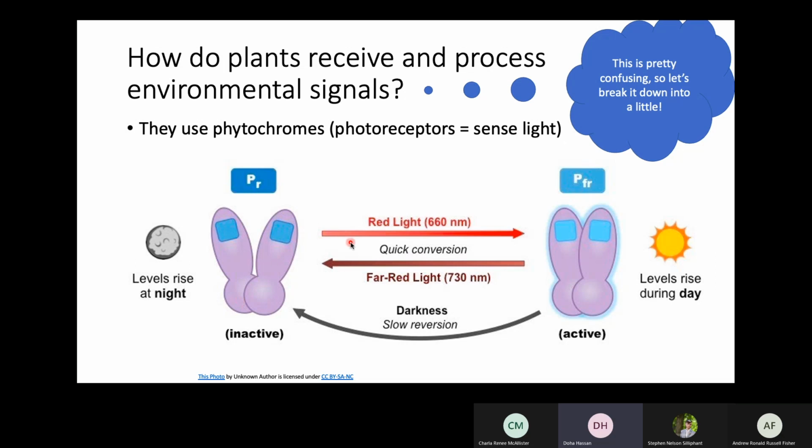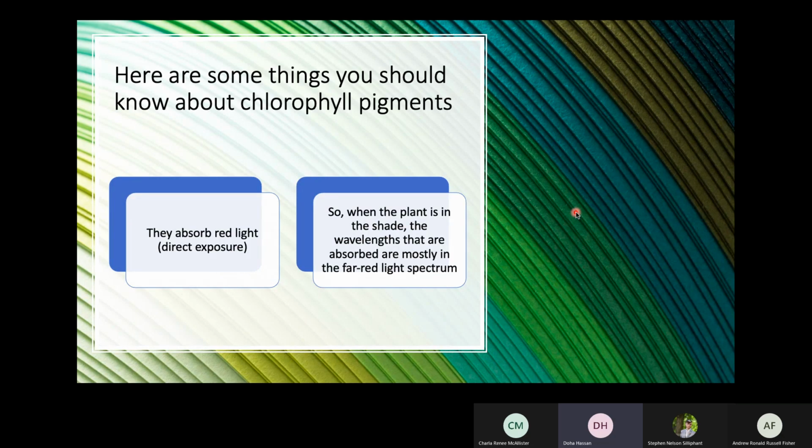And you also need to know that in the sunlight, I think I have it on this slide. Yeah. So chlorophyll, the pigments that you find in the leaves of plants, the ones that make them green, are able to absorb red light when they receive direct sunlight exposure.